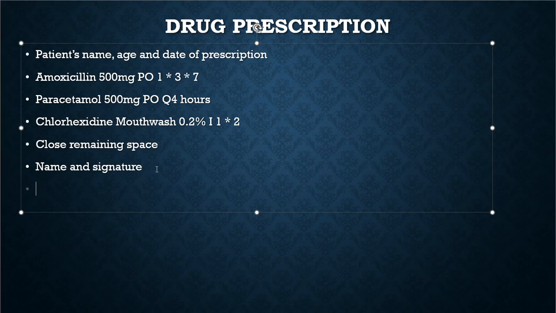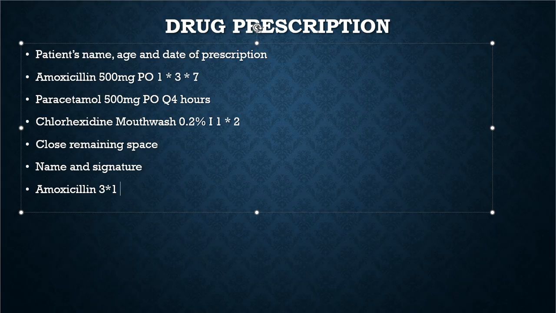Now, let's say an example. What does it mean if I wrote this? Amoxicillin 3 by 1. This means that the 3 pills together 1 time daily. So 3 by 1 means that we should take 3 pills 1 time only a day. 3 pills together.